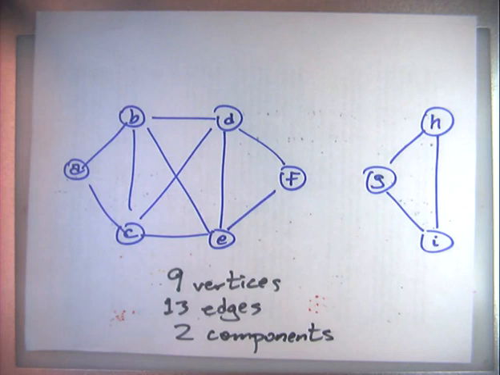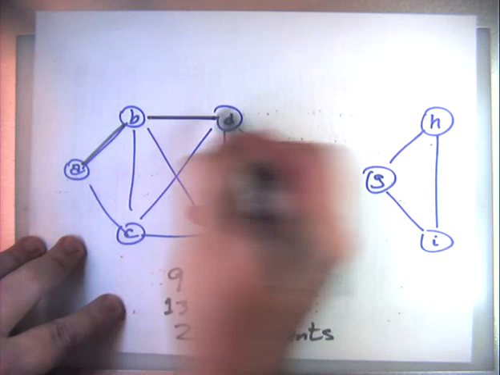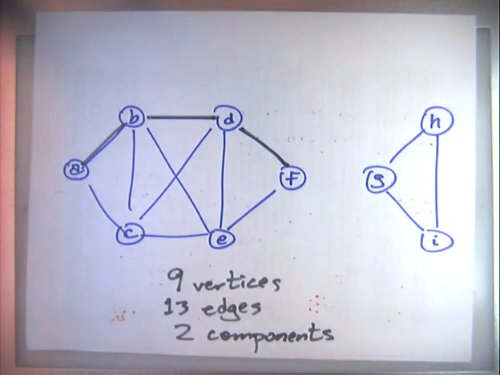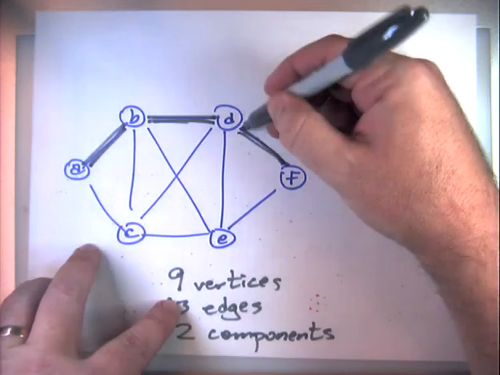What it means for a piece of the graph to be a component is that from any vertex in that component to any other, there is a path from the first one to the second one. So, for example, I know that A and F are in the same component because I can find a path in this graph from A to F.